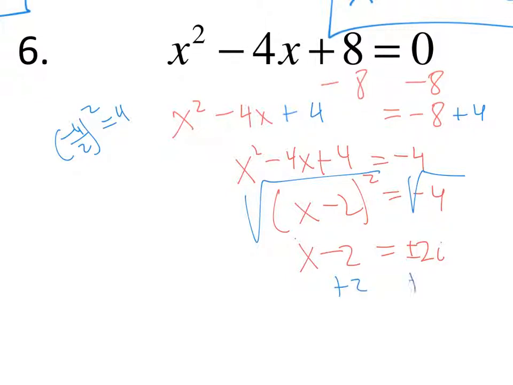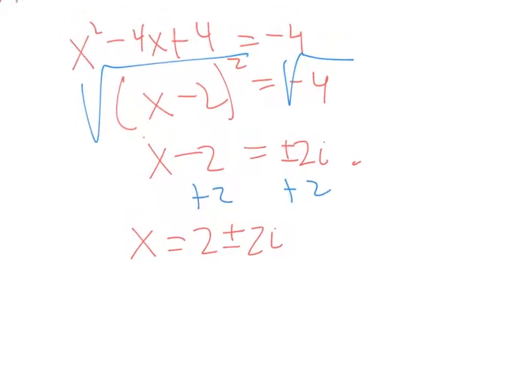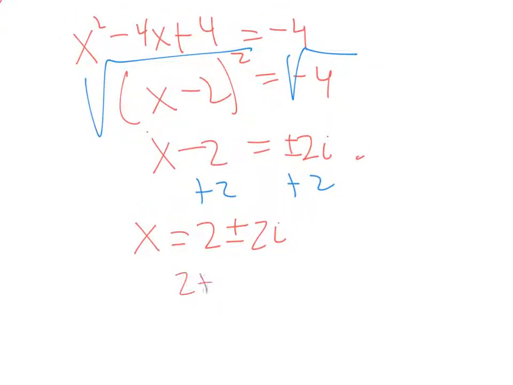So finally we add 2 to both sides, and we have x equals 2 plus or minus 2i, which represents 2 answers. We have 2 plus 2i and 2 minus 2i. So 2 answers there.